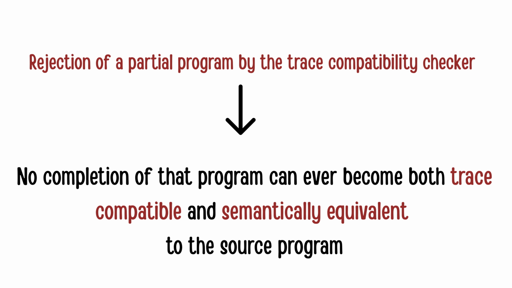Finally, the paper proves an important correctness theorem. Whenever the trace compatibility checker rejects a partial program, it guarantees that no completion of that program can ever become both trace compatible and semantically equivalent to the source program. In other words, the algorithm never accidentally removes the correct solution.